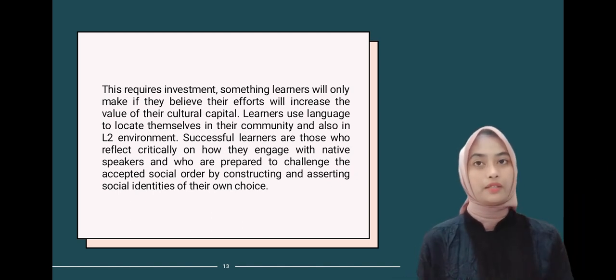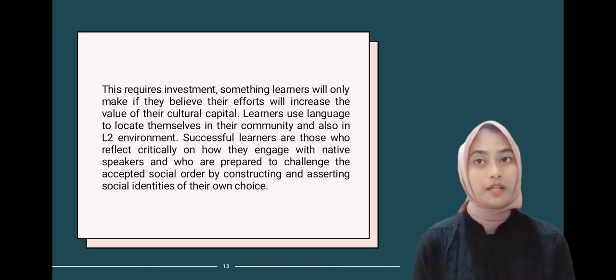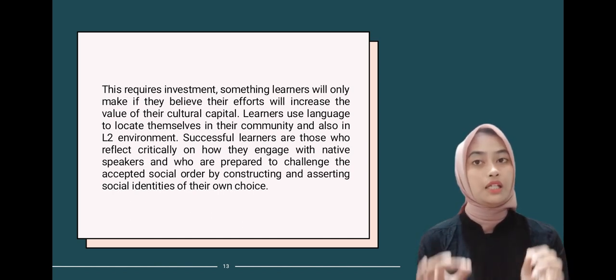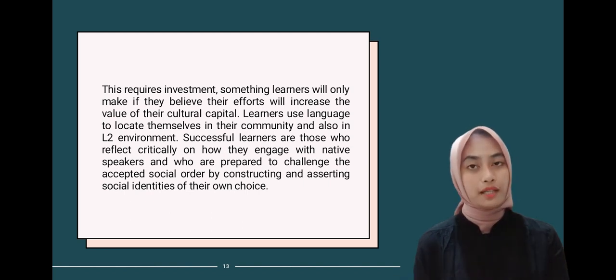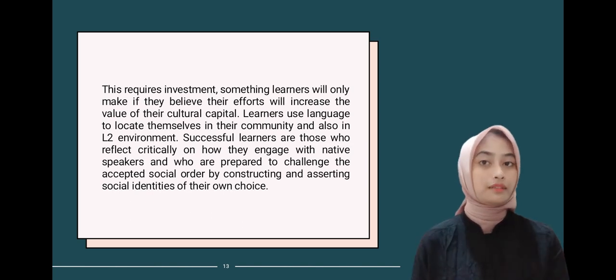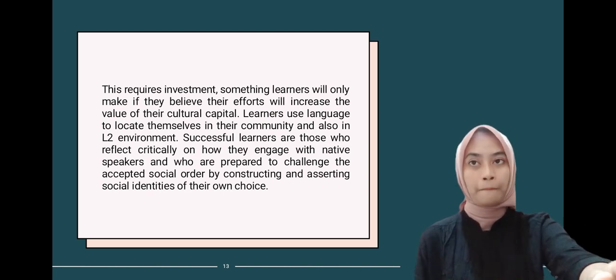This requires investment, something learners will only make if they believe their effort will increase the value of their cultural capital. Learners use language to locate themselves in their community and also in the second language environment. Successful learners are those who reflect critically on how they engage with native speakers and who are prepared to challenge the accepted social order by constructing and asserting social identities of their own choice.